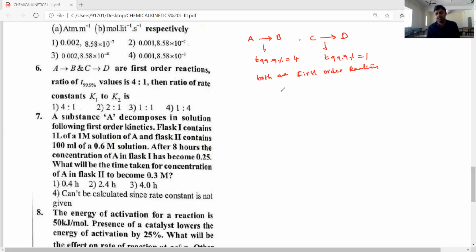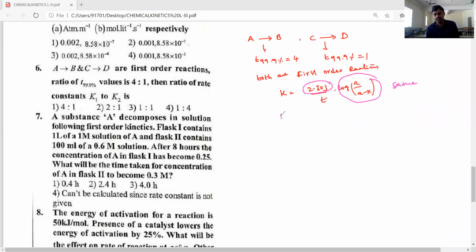See, what is the rate constant for a first order reaction? K is equal to 2.303 by T into log A by A minus X. All are constants. This 2.303 and this log A by A minus X are the same values.